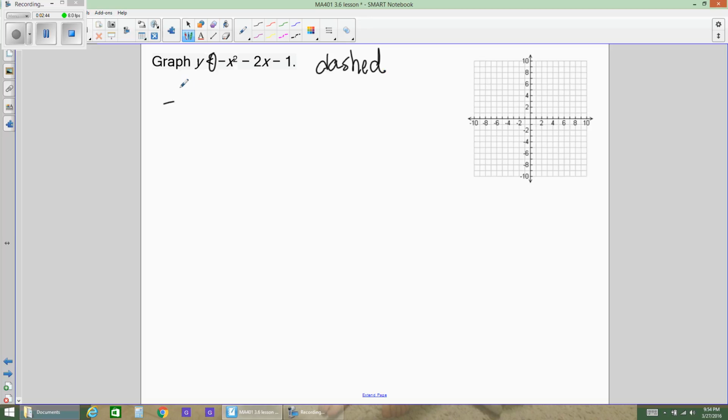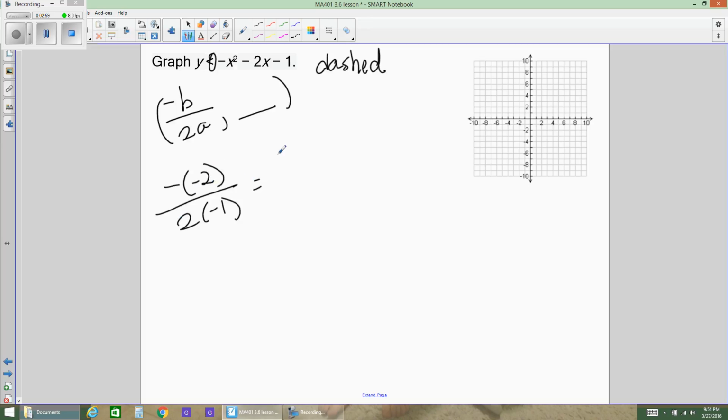So remember, the vertex is the opposite of b over 2a, comma, something. So I've got the opposite of b over 2a. 2 over 2 is negative 1. Now I'm going to take that negative 1 and I'm going to plug it in.